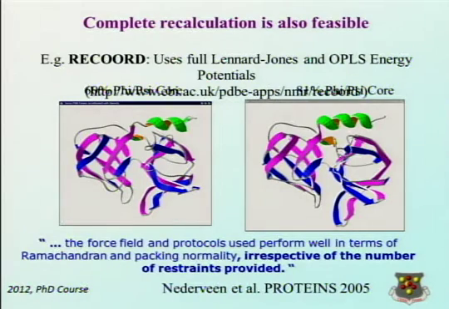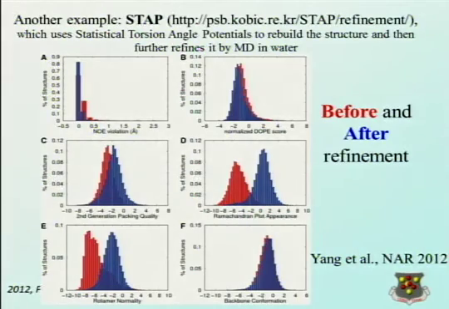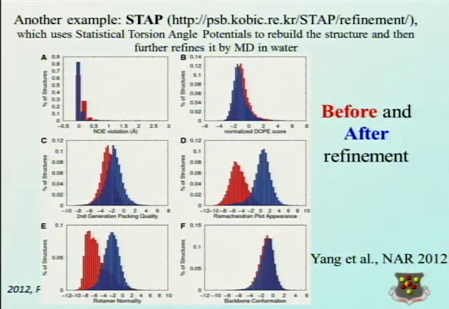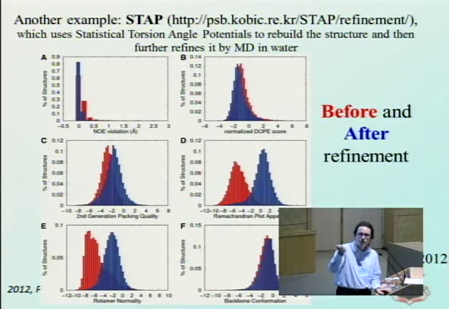And you can use different types of protocols, which can be based, for example, on molecular dynamics or on other approaches, such as statistical potentials or mean force potentials. You can call them in different ways, where again you see this tremendous effect in, for example, the way you improve the Ramachandran plot appearance, and your original data violations remain pretty much unchanged, or they can actually improve a little bit.